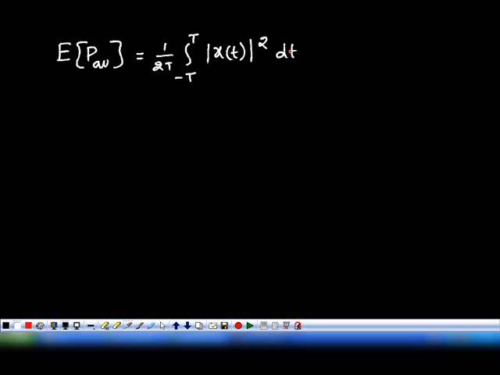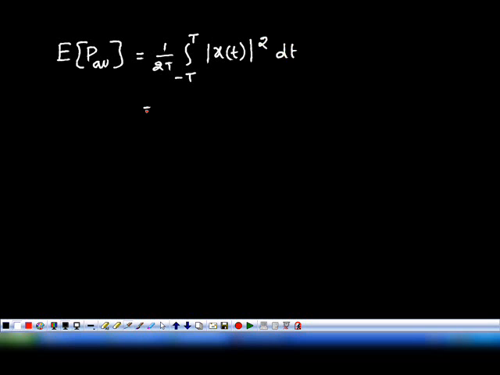So here if we take the expectation of this particular P average, 1 by 2T integral over minus T to plus T, here we have mod x of t whole square dt. Is it right?